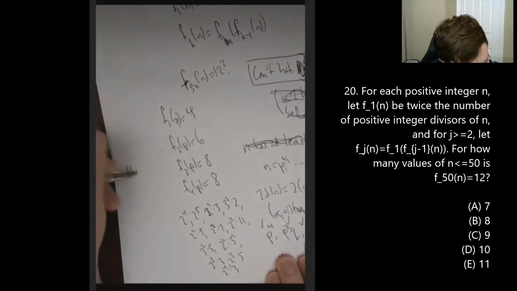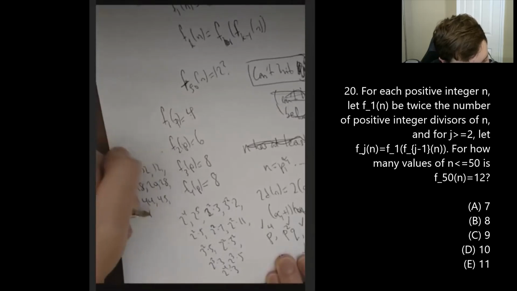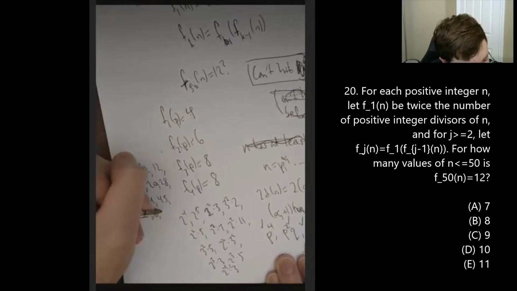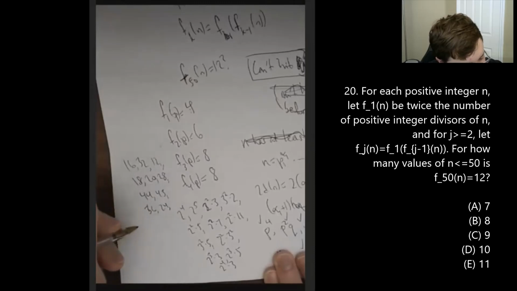So my list is 16, 32, 12, 18, 20, 28, 44, 45, 36, 24, 40, and 48.